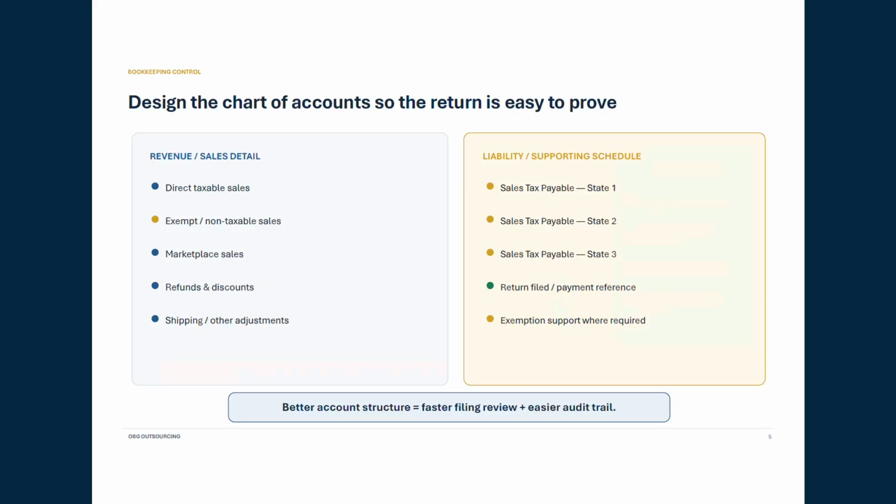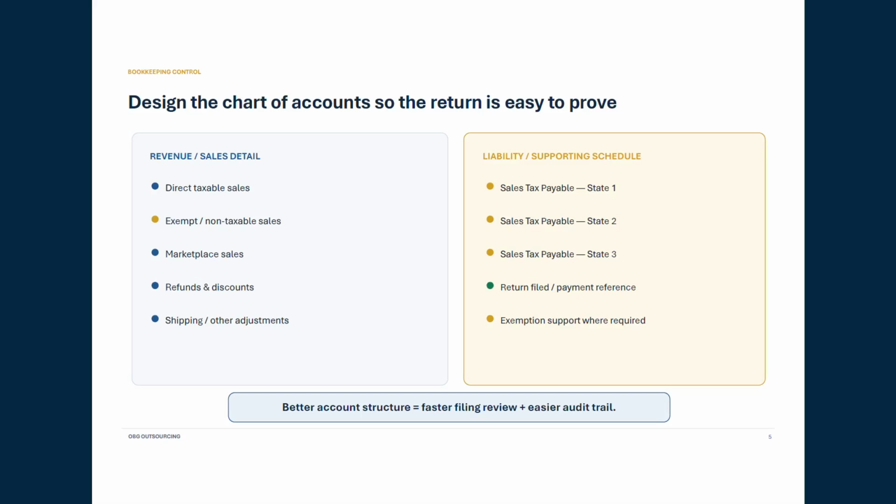Your chart of accounts should make sales tax easy to prove. Revenue should distinguish direct taxable sales, exempt or non-taxable sales, and marketplace sales where useful. The liability structure should allow the team to identify what is payable and to which state. For example, if books show one combined sales tax liability of $50,000 across 10 states, the reviewer has much more work.